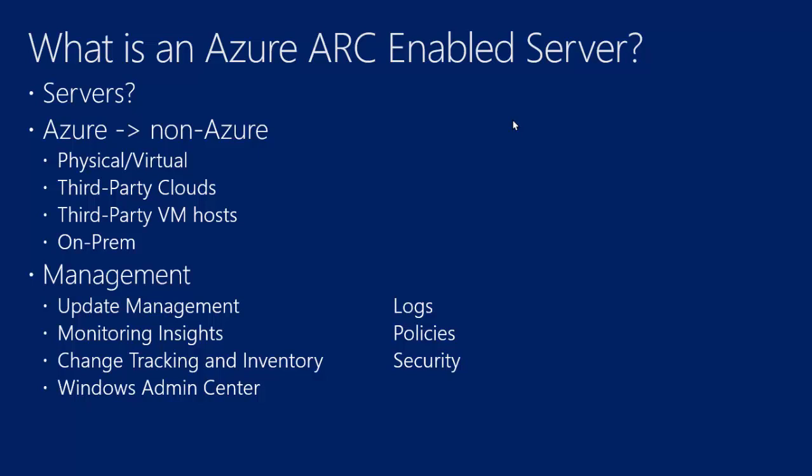So to be specific, if you have virtual machine servers sitting over in a third-party cloud, so AWS or Google Cloud or IBM Cloud or Tom's Cloud or whoever's cloud it is, right? This is a way to take the familiar controls from Azure that hopefully you're using and appreciate and extend them to use with servers based in a third-party cloud.